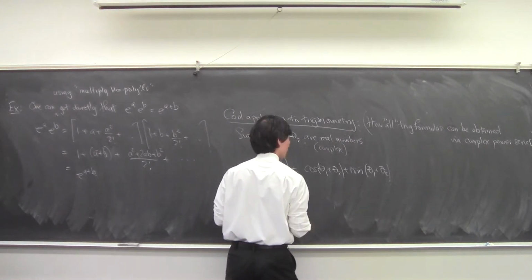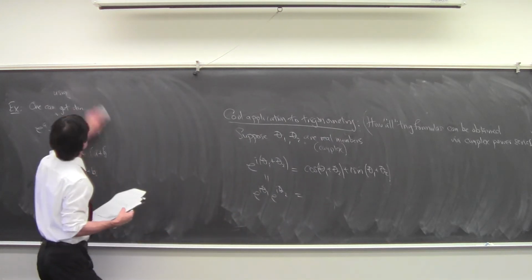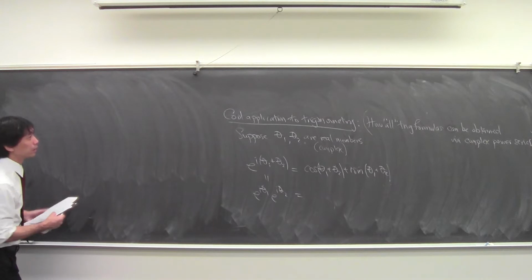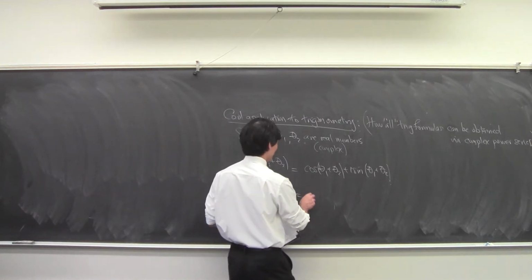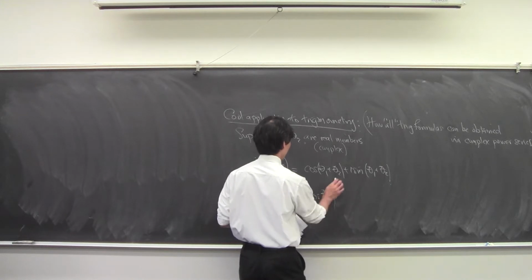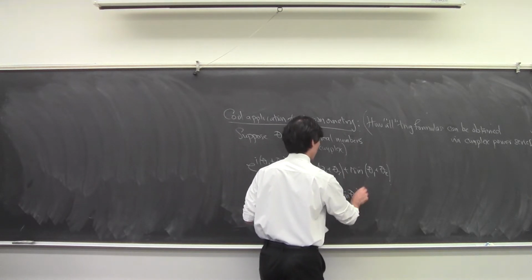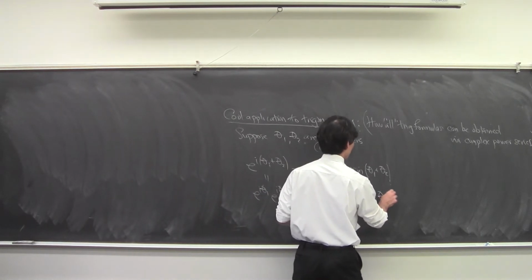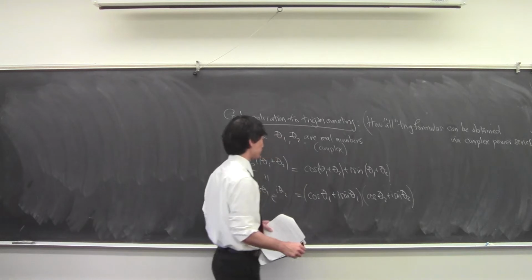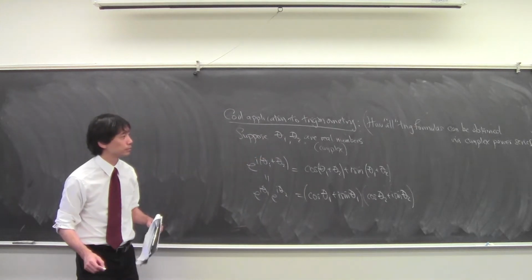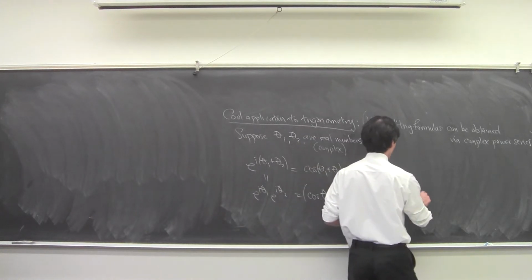Let me go back over here. Now let's go this way. So cosine theta 1 plus i sine theta 1, times cosine theta 2 plus i sine theta 2. But what is that?